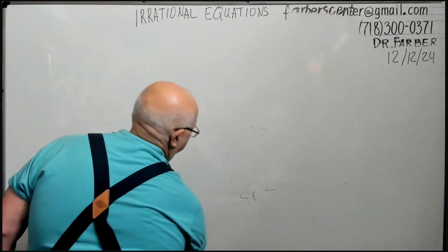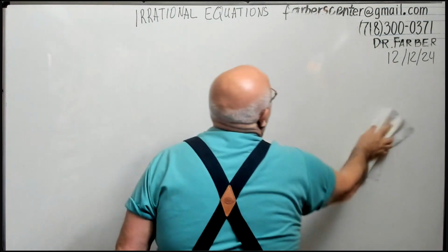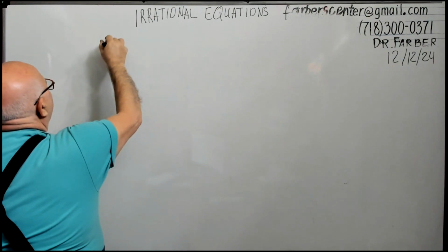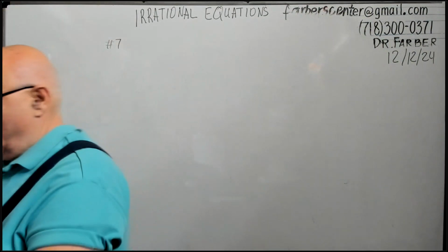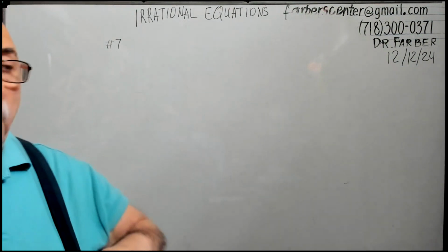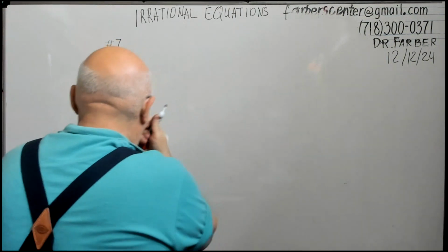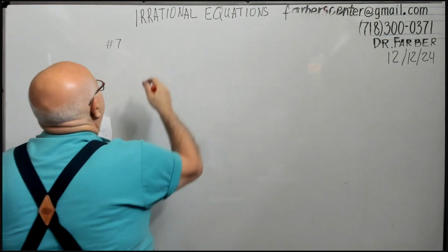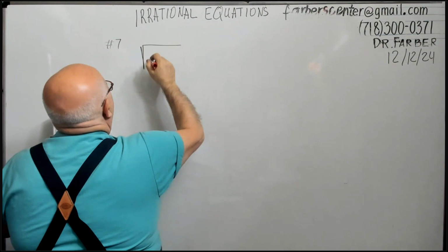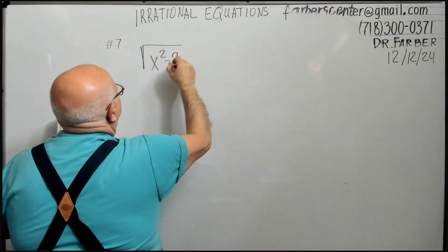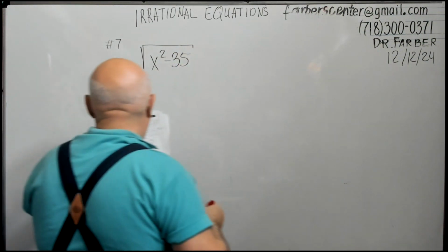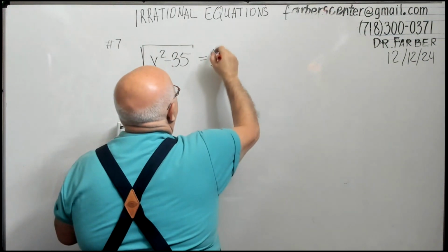Number 7. Square root of x squared minus 35 equals 5 minus x.